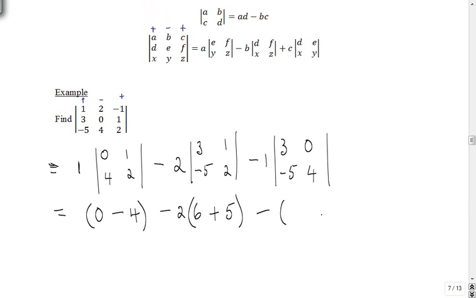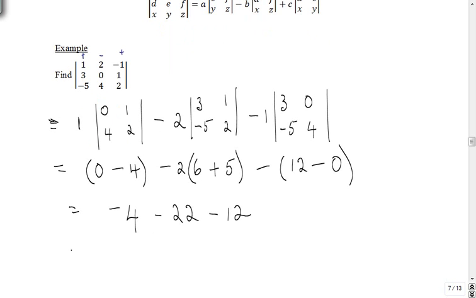Minus 1 times 3 times 4 is 12, minus 5 times 0 is 0. And you work that out. That's minus 4. That's 11 times minus 2, minus 22, minus 12. And that is equal to what? Minus 38.